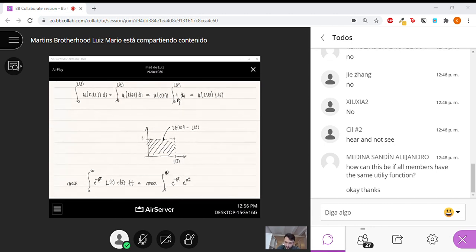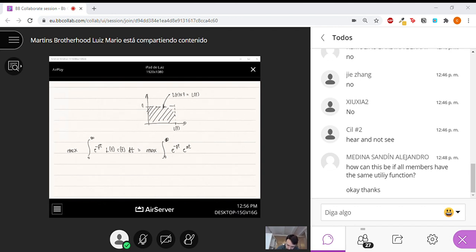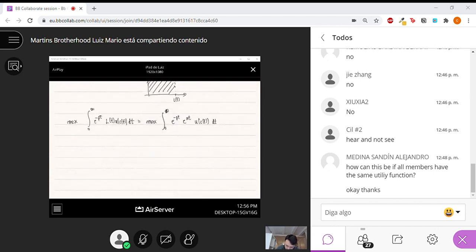Yeah, it's not CT, it's U of CT as it's written here. I wrote CT here, but actually it's U of CT, right? It was a mistake. So that's the same objective function that we had in the model that we saw in class.